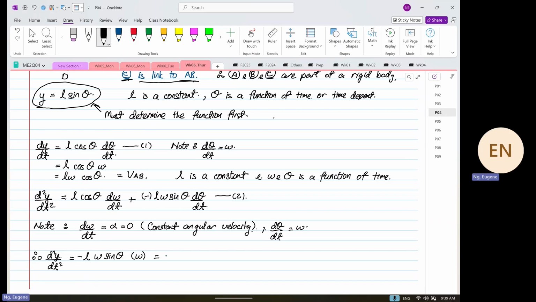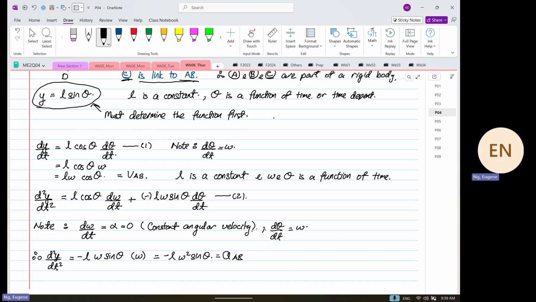So this will in turn equal to minus L omega squared sine theta. So this will be equal to your AB.